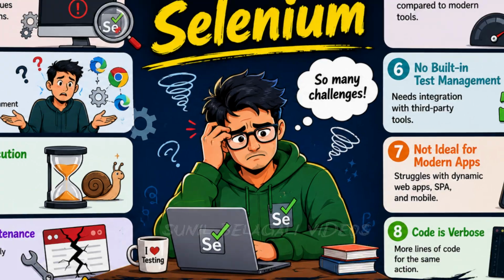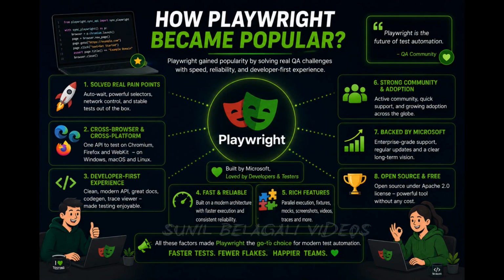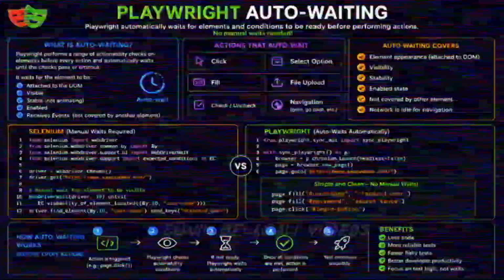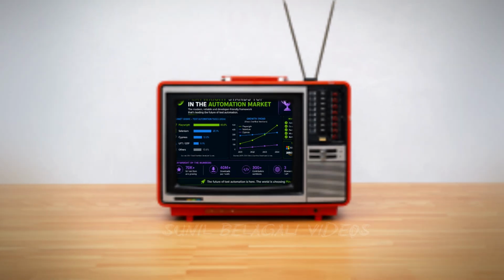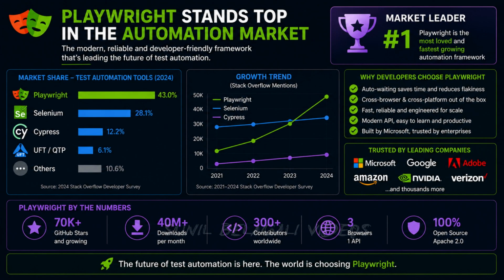Correct, right? So Playwright handles much of this automatically. This feature is called auto waiting, and it is one of the biggest reasons engineers love Playwright. Less code, less maintenance, fewer flaky tests. As we all know, Playwright stands at the top in the automation market.